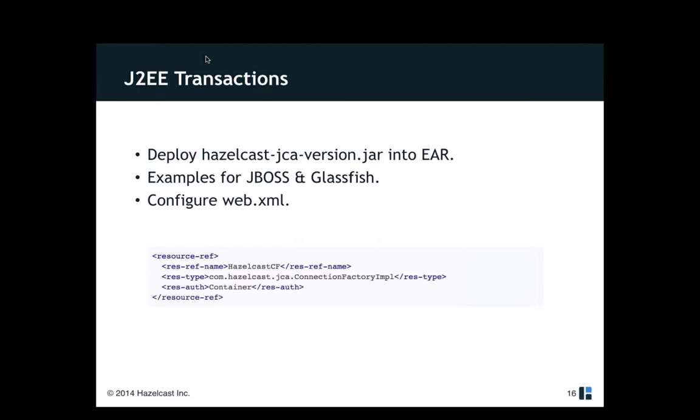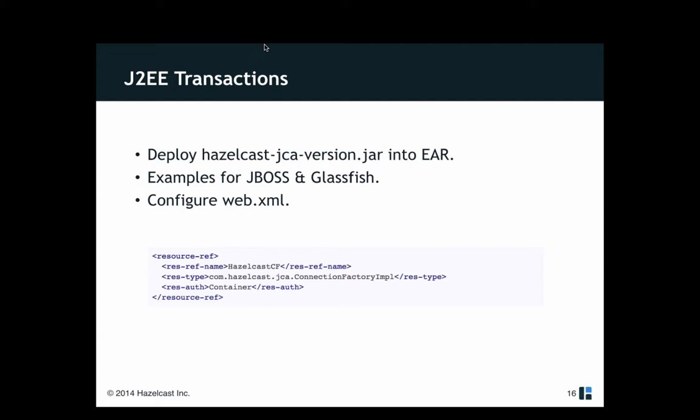So J2EE transactions, as I mentioned, you can have Hazelcast take part in transactions inside a J2EE container. So we do that via our JCA adapter. If you download Hazelcast, you'll find the Hazelcast JCA jar. So just deploy that into your EAR file. So here it would be Hazelcast-JCA whatever version you're running.